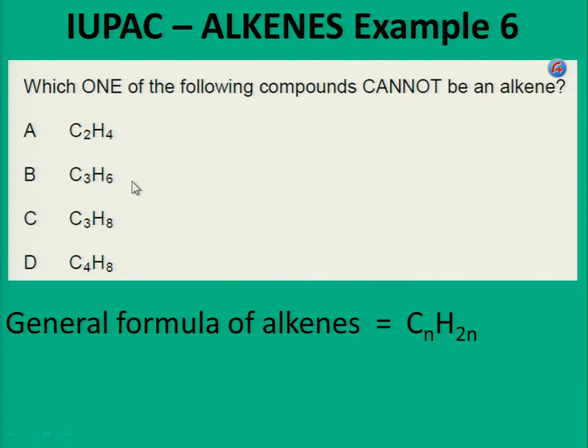So B is an alkene because 2 times 3 equals 6. Let's look at D. C4H8. That is also an alkene. So therefore the answer can only be C, since the question is which one of these cannot be an alkene. The answer is then C, because 2 times 3 is not 8.